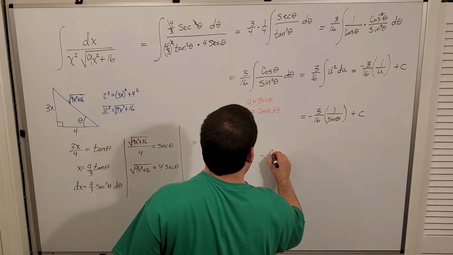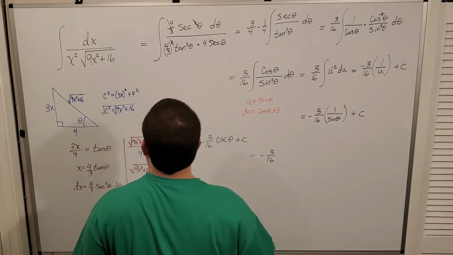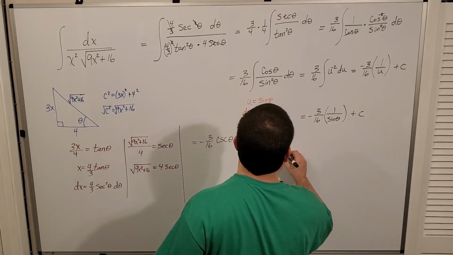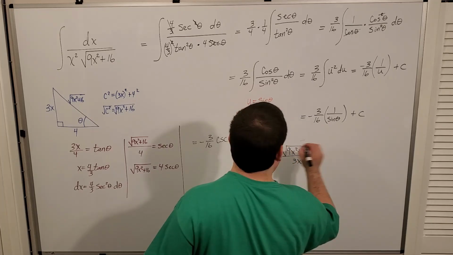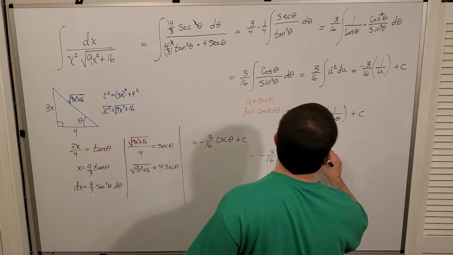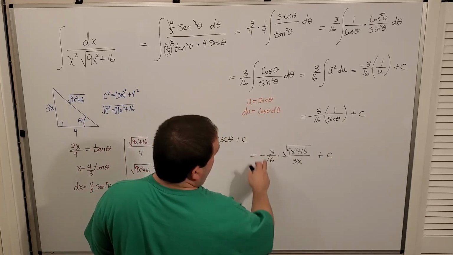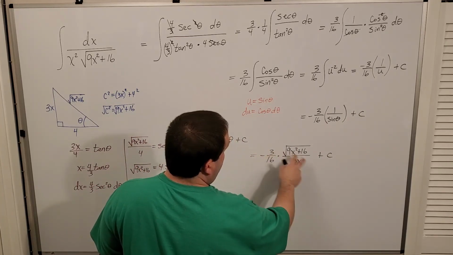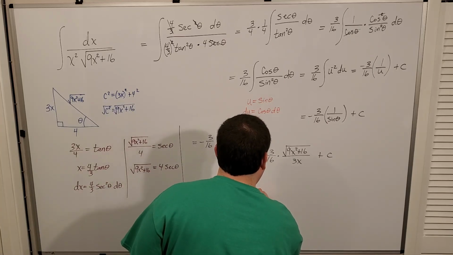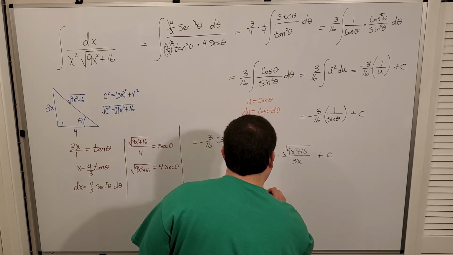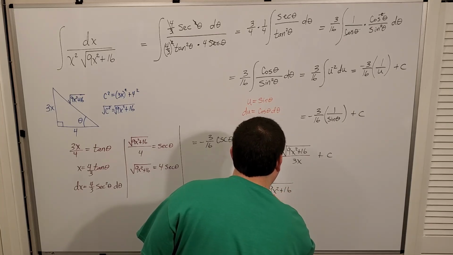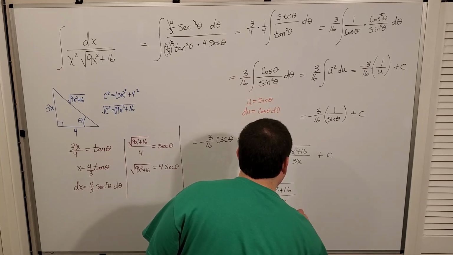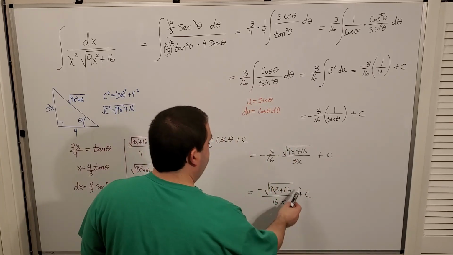So this is negative 3 over 16 times the square root of 9x squared plus 16 all over 3x plus c. And then notice, of course, the 3's can reduce, and I can multiply everything through. So final answer, I've got negative square root 9x squared plus 16 all over 16x plus c.